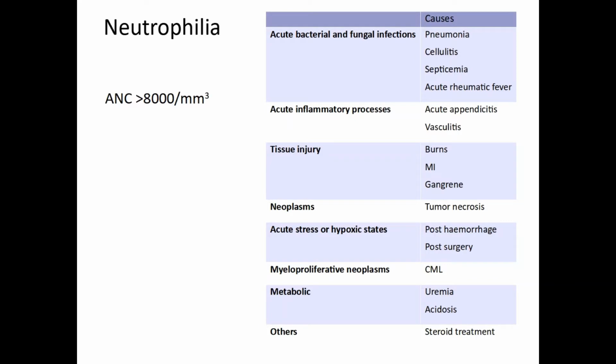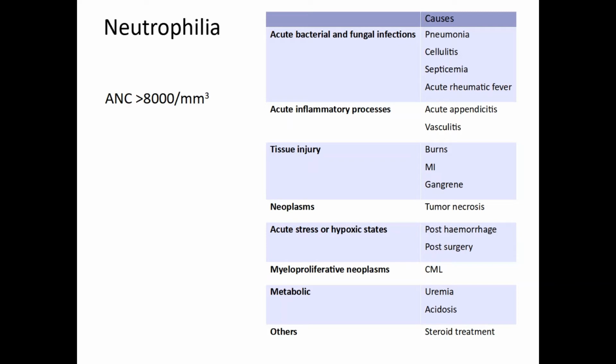The causes for increased absolute neutrophil count include acute bacterial and fungal infections such as pneumonia, which is infection of the lungs, cellulitis, sepsis or septicemia, and acute rheumatic fever. It can also be increased in acute inflammatory processes such as acute appendicitis and vasculitis, or in tissue injury like burns, myocardial infarction, gangrene.